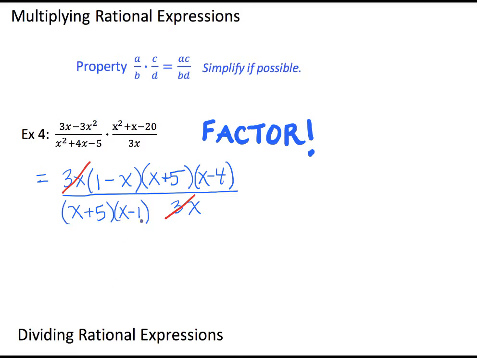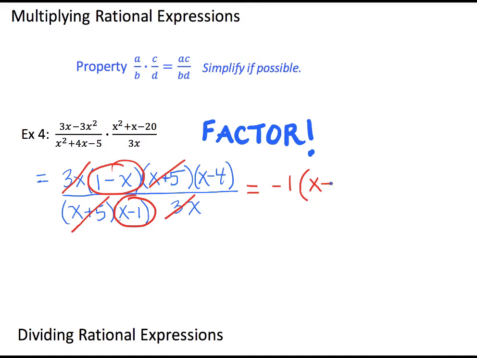So I have 3x over 3x, x plus 5 over x plus 5, and then I notice something interesting. I've got this 1 minus x and this x minus 1, and they look pretty similar, but their signs are opposite. So what we're going to do is take a negative 1 out of that numerator expression so that we can flip all the signs.